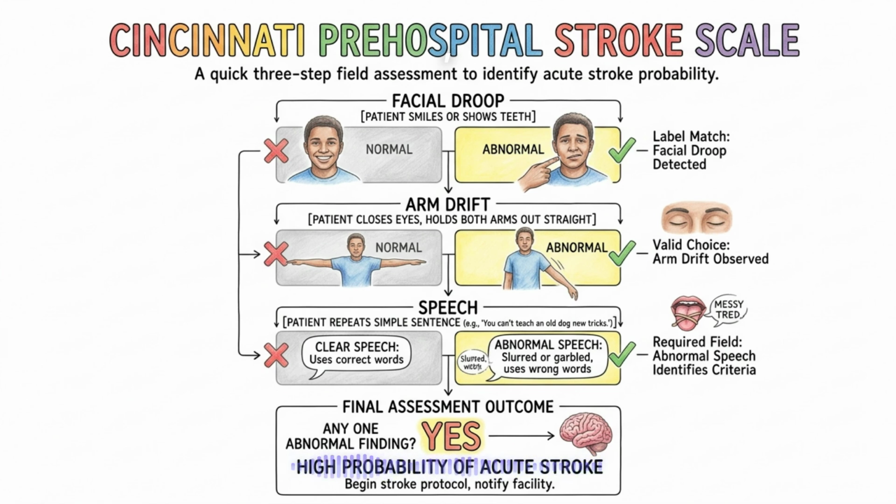Next, you check for arm drift by having the patient close their eyes and hold both arms out straight to see if one arm falls. Finally, you listen for slurred or abnormal speech by having the patient repeat a simple sentence. If any one of these three signs is abnormal, there is a very high probability the patient is having a stroke.